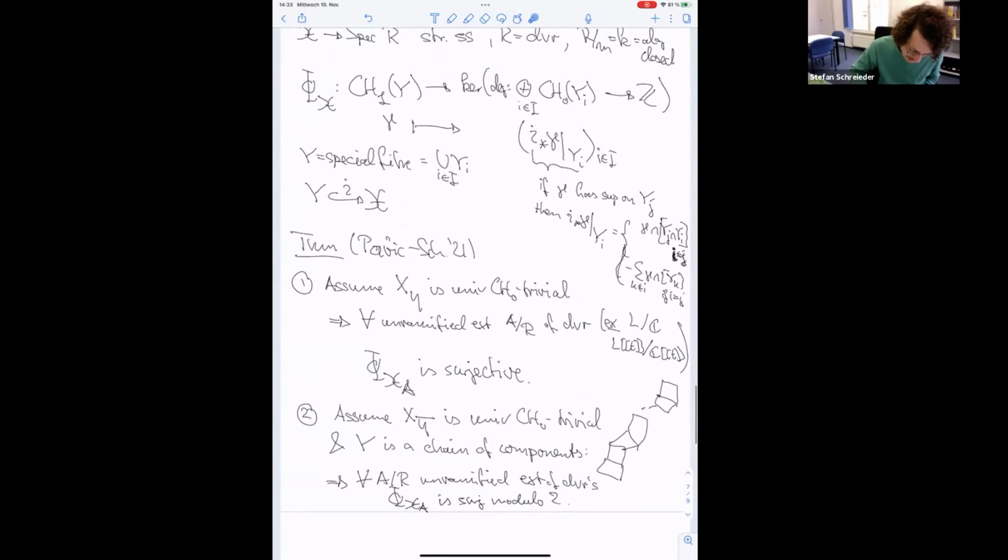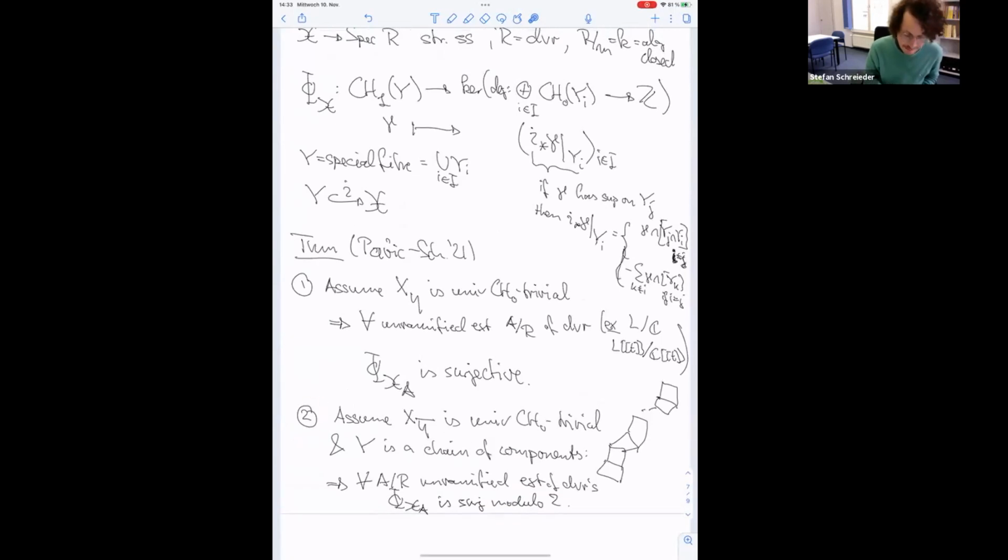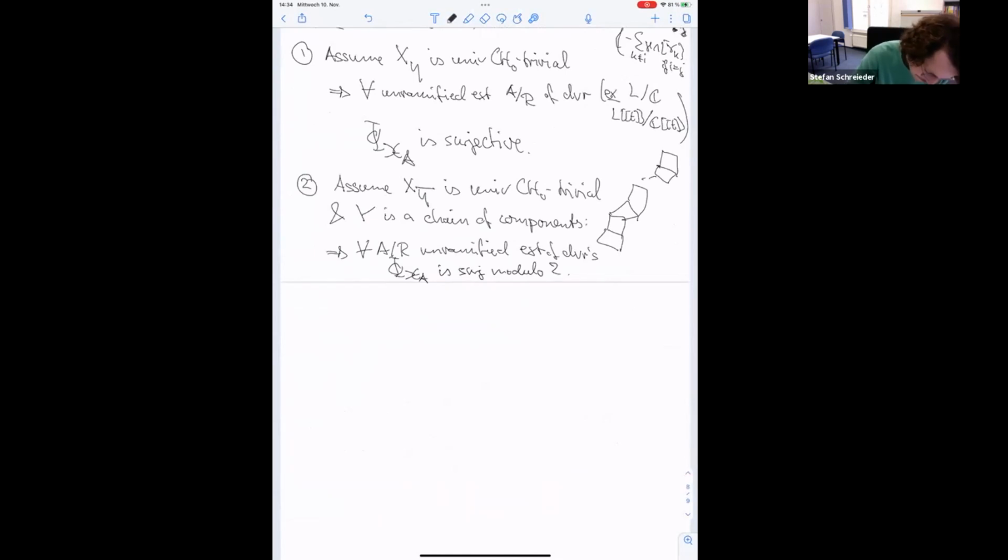However, the way we will apply this theorem, we will apply 2, and we will find a degeneration with 3 components, similar to the Nikkei degeneration, where after some unramified extension of DVRs, we find a 0 cycle in here that has degree 0, but cannot come from here. So that's how we prove the following theorem.